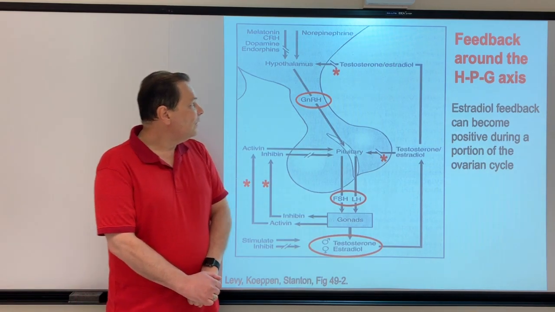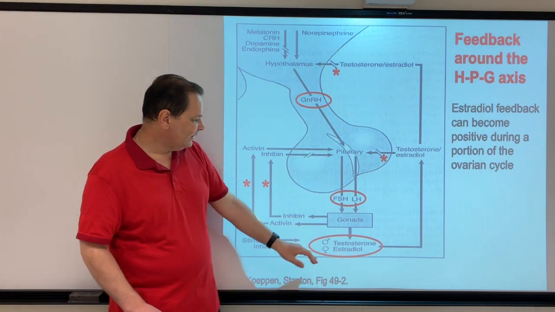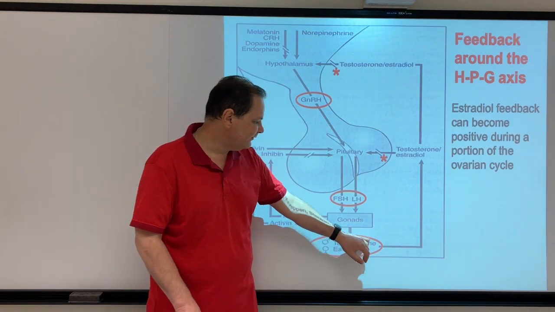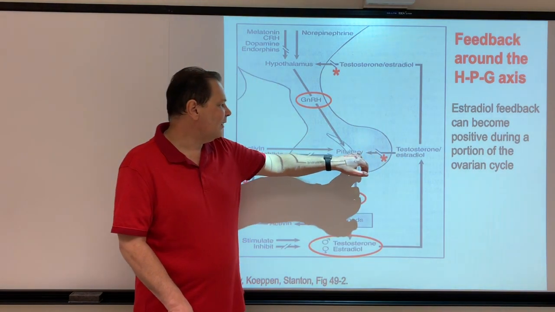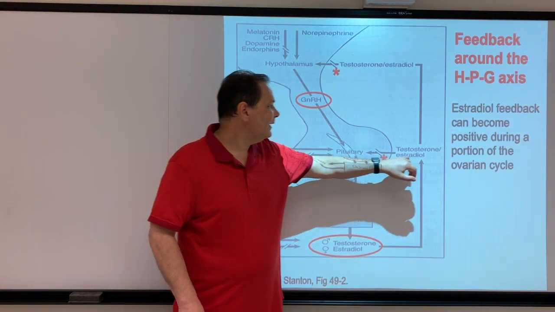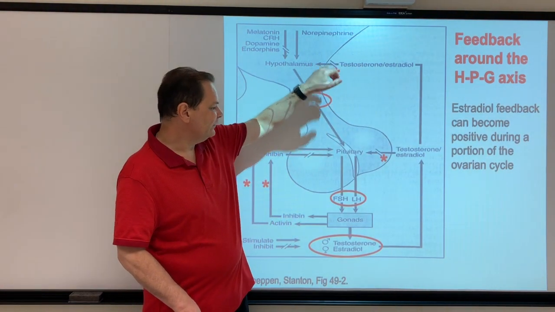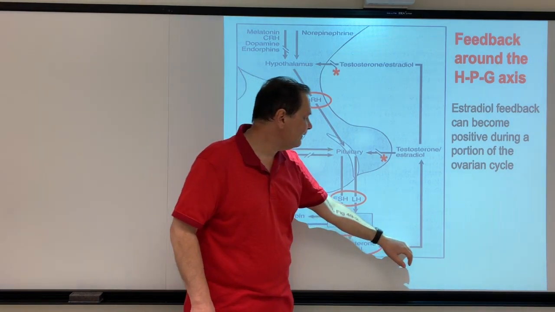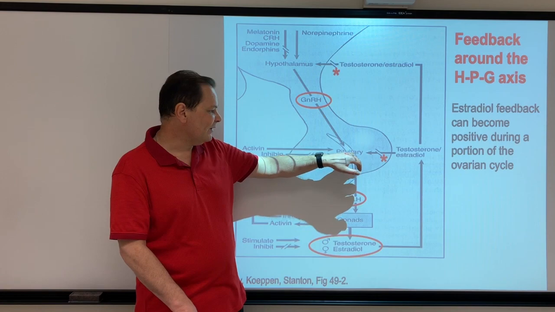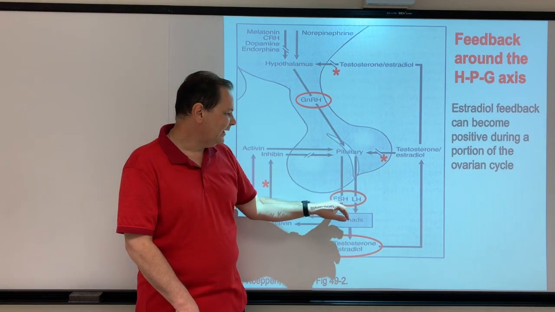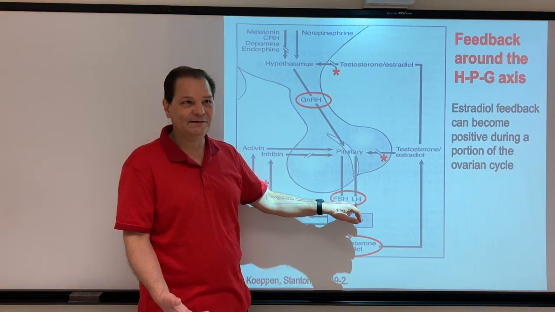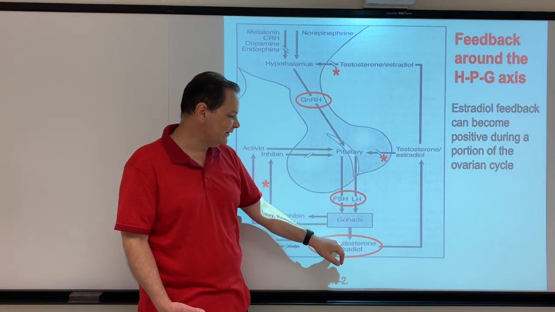So what you have here is feedback of testosterone in the male and estradiol in the female back upon the pituitary and the hypothalamus. So the more, in the male, the more testosterone you secrete, the more it feeds back on the pituitary and limits the secretion of FSH and LH. This is negative feedback, and it controls the secretion of testosterone.